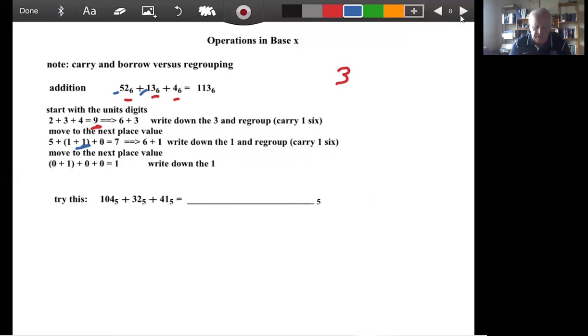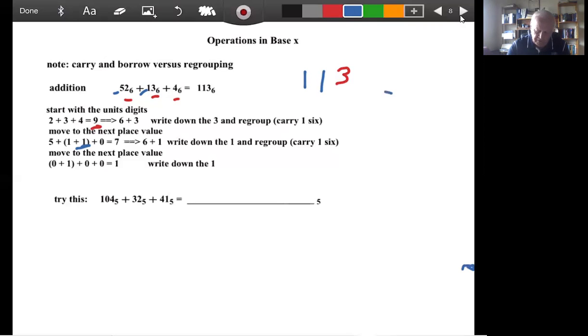And then we have nothing left over in this last part. So we have 5 and 2 is 7. And there again, 7 is a 6 and a 1. So we can put the 1 down, and then that just leaves us we have to carry over 1 6. So you bring the 1 over, and it gets added to the 0 because there's nothing left, and so you end up with 1.